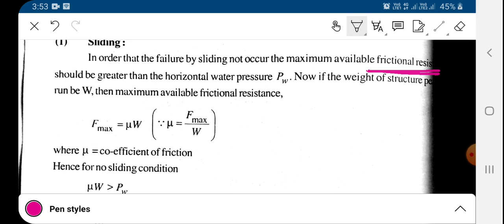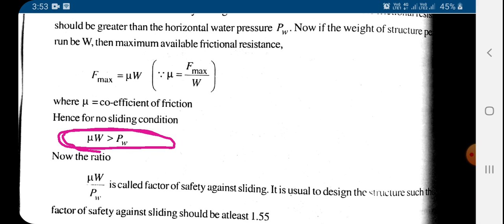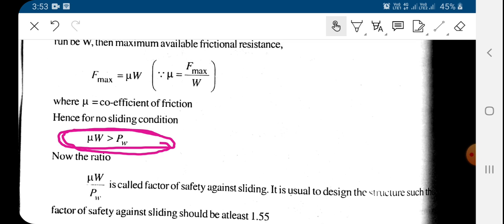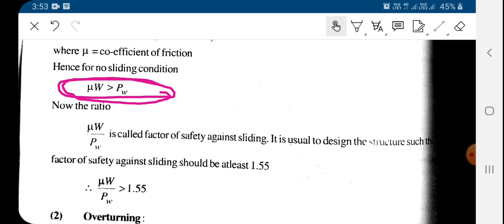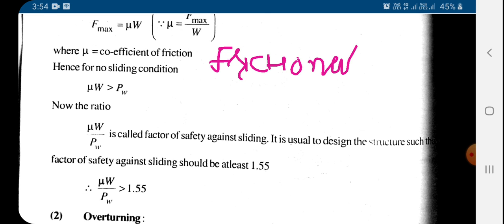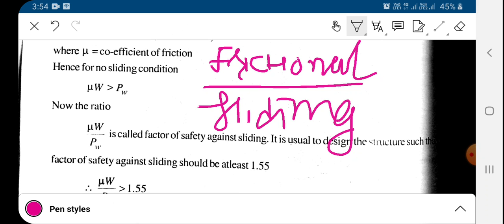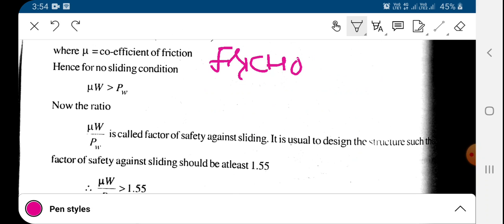So if this sliding force is less than this frictional resistance, that is, the frictional resistance is more than the sliding force, then the dam will be safe in sliding. The ratio of these two forces, that is, frictional resistance divided by sliding force, is known as the factor of safety against sliding.